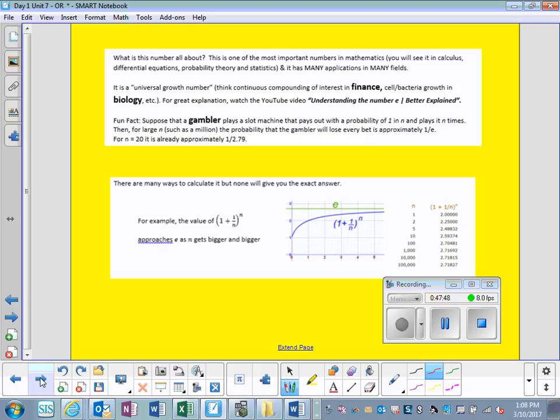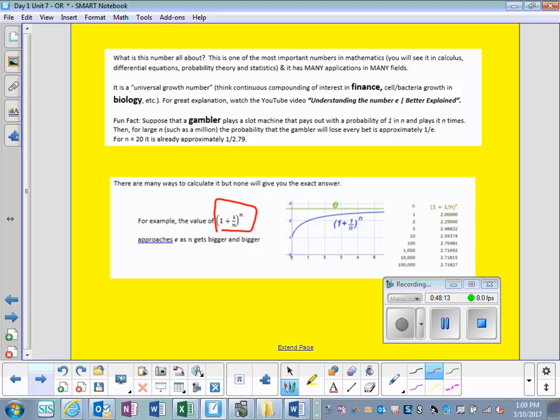You can approximate it that close, but you can never get the exact value. One good approximation is the function 1 plus 1 over n, to the power of n. If you evaluate this expression for different n's, 1, 2, 3, 4, 5, and so on, your result will get closer and closer to e.